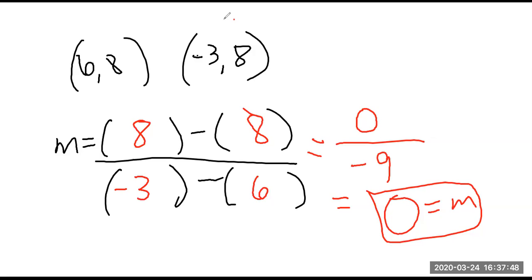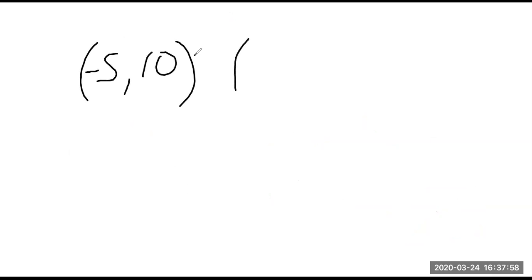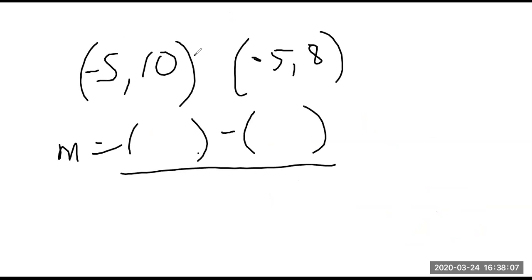All right, next problem. Let's say we have -5, 10 and -5, 8. So again, draw my little formula with the parentheses.